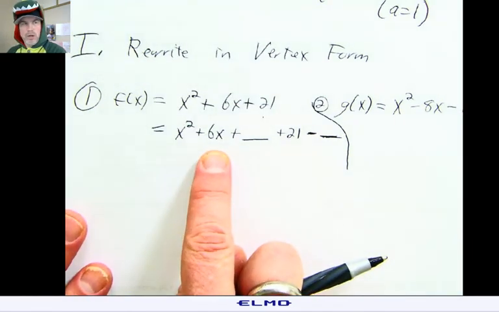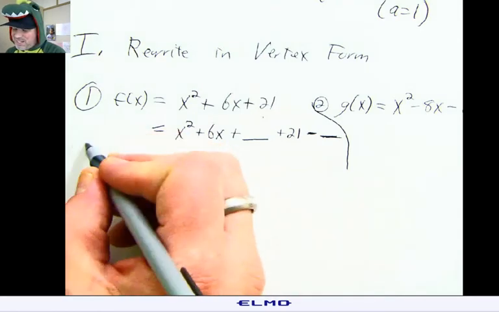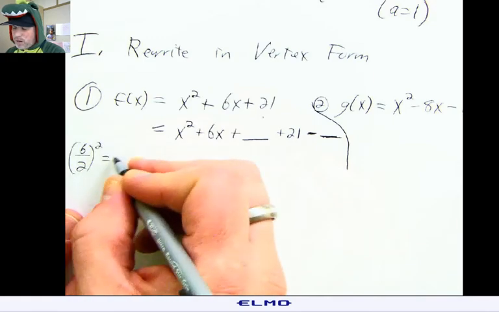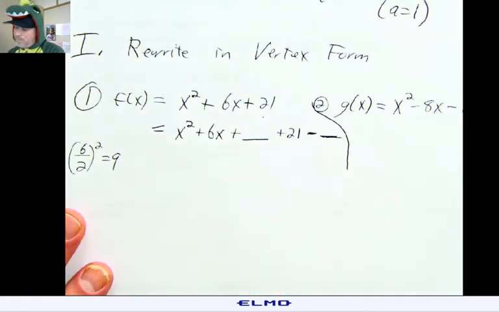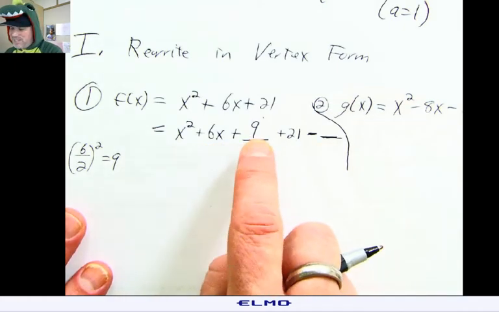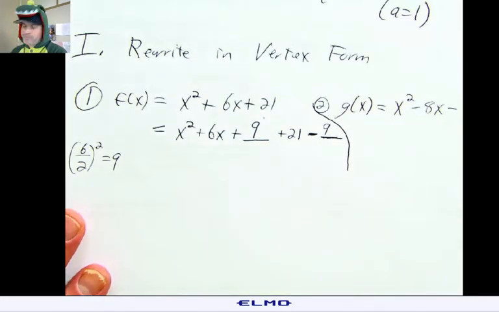We learned last Tuesday that if you take this b term, which is 6, divide it by 2, and square it, that gives us a 9. So that is the very number we want to add here, a plus 9. And because we're going to add 9, we're going to subtract a 9.